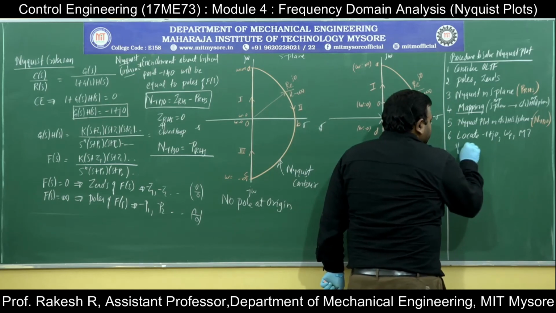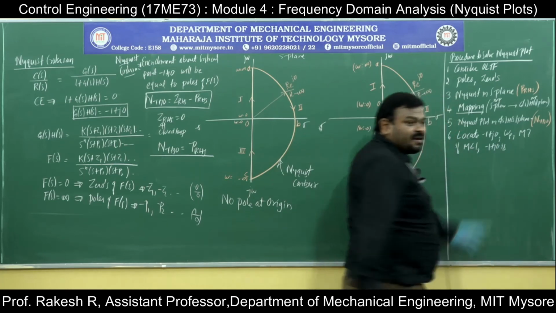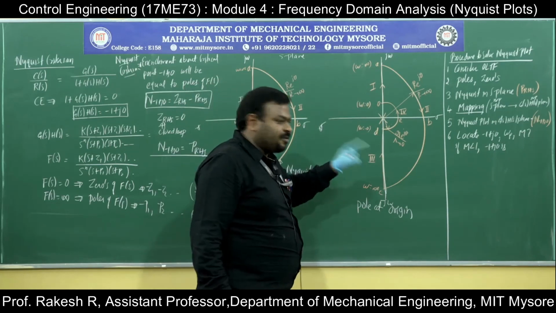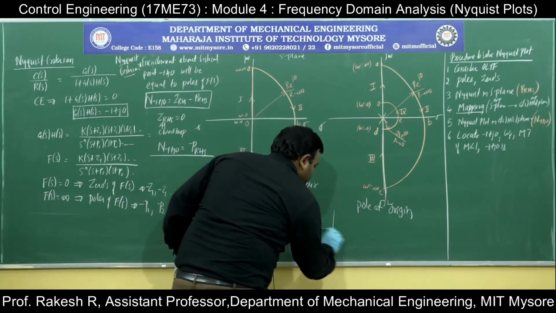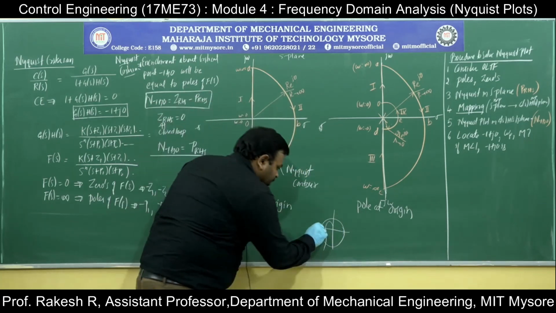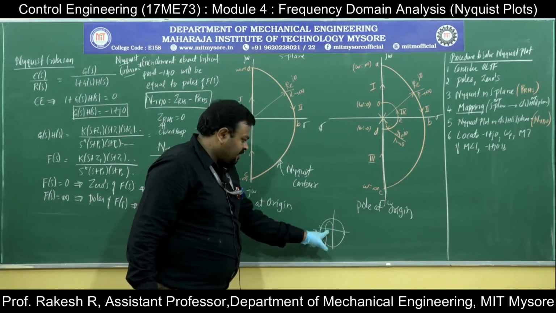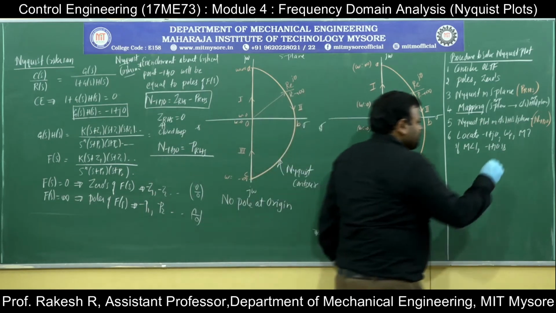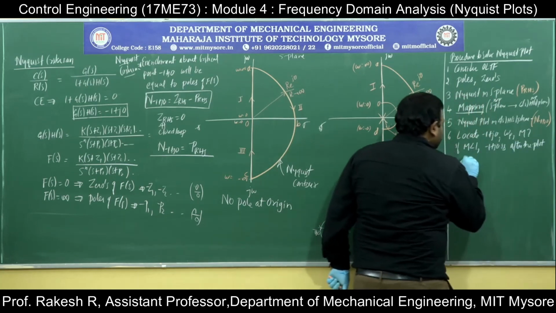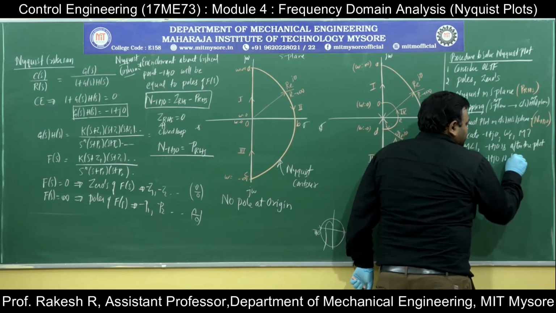If the magnitude of the plot is less than 1, -1 plus j0 will be, according to the concept of gain margin and phase margin, after the plot. This is for a stable system. This is the critical point, -1 plus j0. Where is -1 plus j0 here? Here it is located after the plot. Similarly, if the magnitude is greater than 1, -1 plus j0 is before the plot.